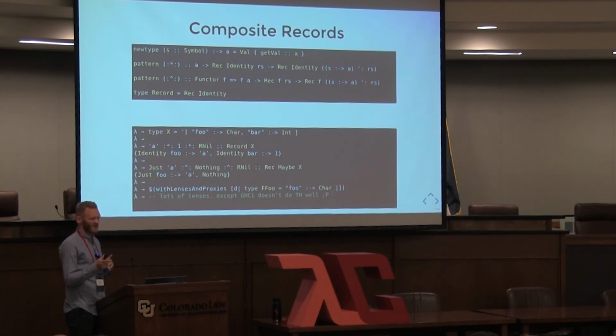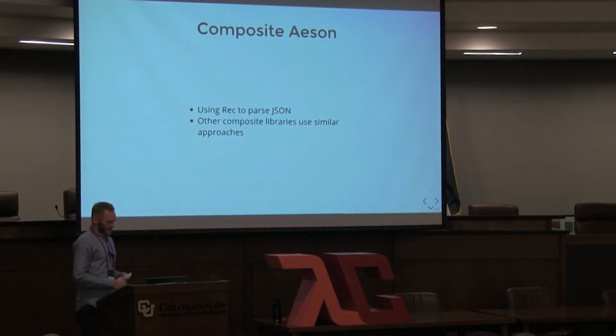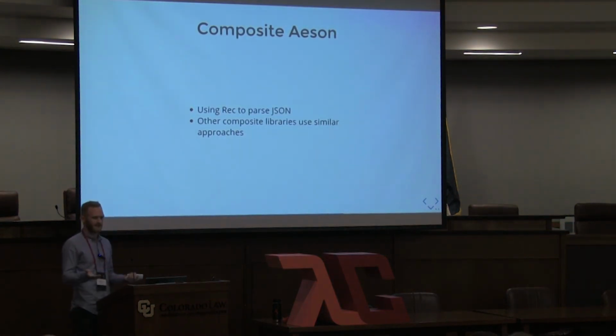I think that GHCi only prints expressions, as opposed to declarations, in Template Haskell, the Exp versus the Dec. But feel free to do that. It's kind of fun. Great. So that's the basis of Composite. It's pretty simple. All it does is associate a type with your value.